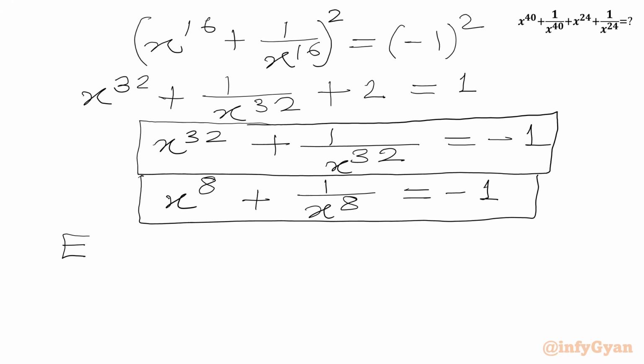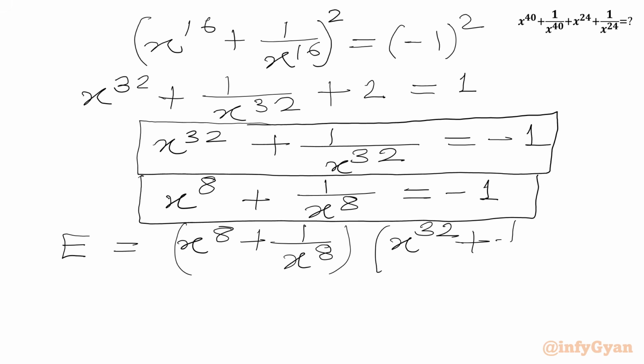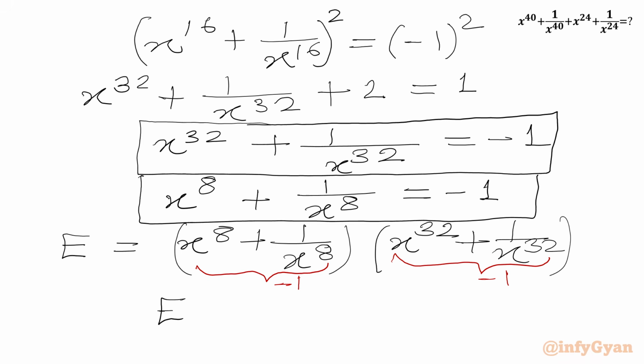If we write our required expression, then it was the product of both the expressions: x power 8 plus 1 over x power 8 times x power 32 plus 1 over x power 32. Now we will put both the values. So we can write here E will be equal to minus 1 times minus 1. Our answer will become 1.